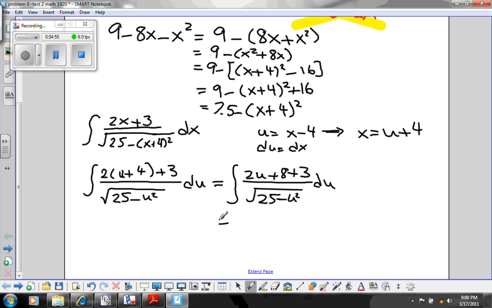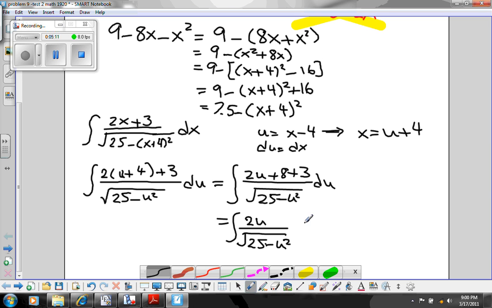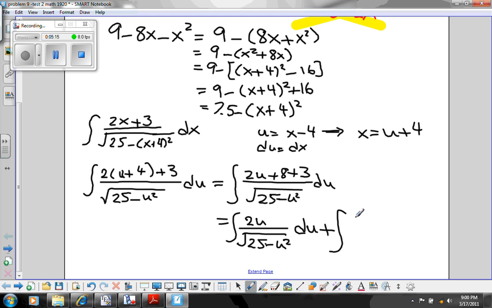So we get the integral of 2u over the square root of 25 minus u squared du, plus the integral of negative 8 plus 3, which is negative 5, over the square root of 25 minus u squared du.